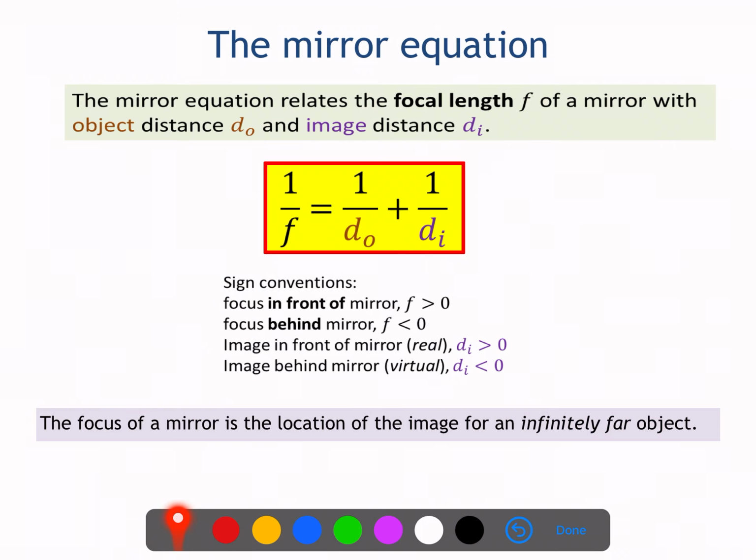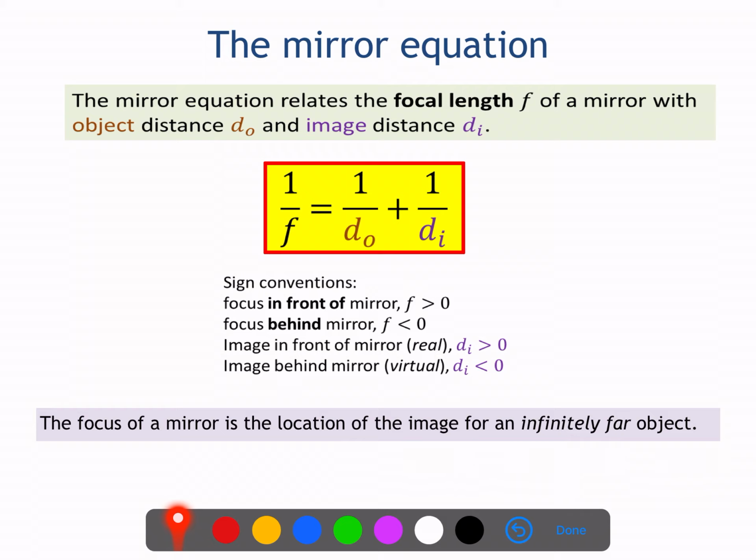And then at the end of the last lecture, I introduced the mirror equation to you, and we talked about the different sign conventions to use. Notice that the focus of the mirror is defined as the point where the image would form if the object was infinitely far away.